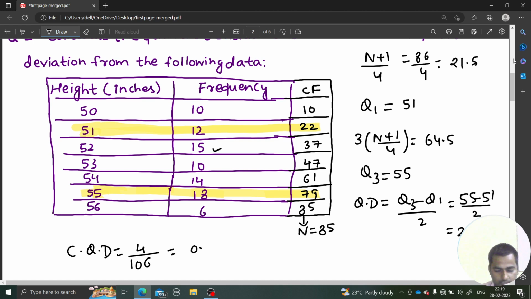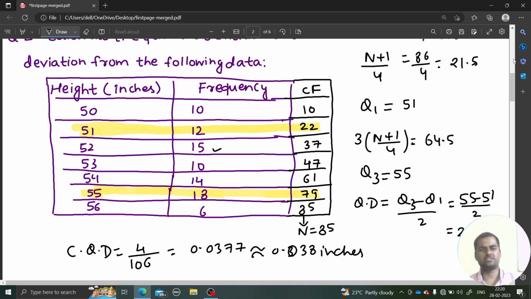So you are getting 0.0377. You can roughly write it 0.038. Okay, and everywhere you can write inches. So this was coefficient of quartile deviation and quartile deviation for you.